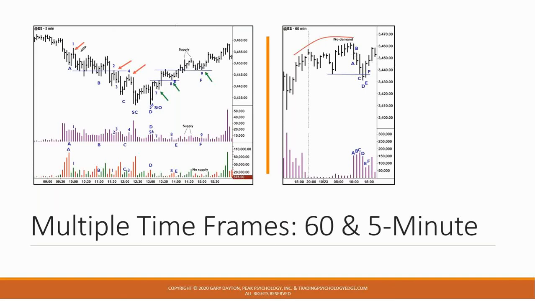All right, we haven't even looked at the 5-minute yet. Now we'll look at the 5-minute. Kind of hard to see that. The bottom of A is noted on the 5-minute chart right here. So we see high volume coming into the downside on the Weiss wave, and we see the shortening of the thrust on the 5-minute, and yet the hourly is telling us this is a weak market.